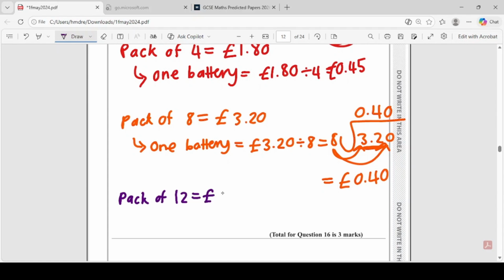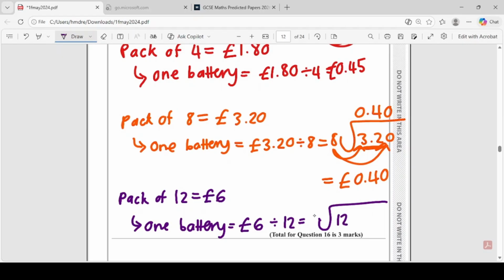Which they go for £6. So one battery is going to be £6 divided by 12. How many times does 6 go into 1?